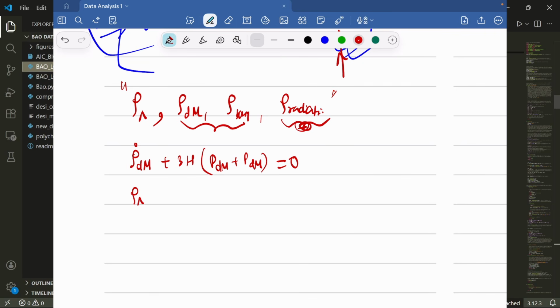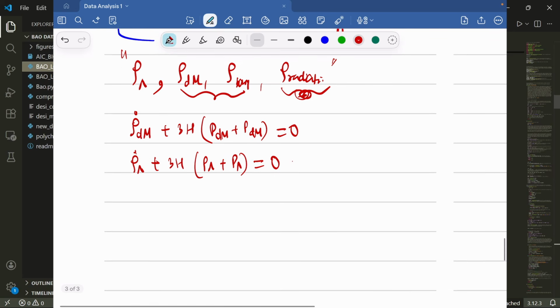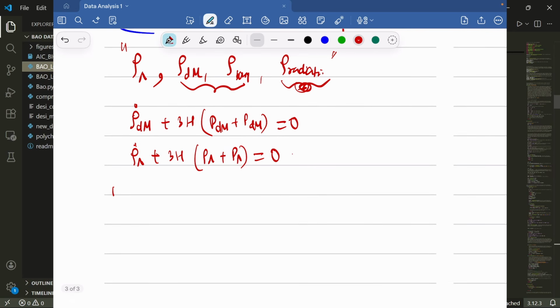Similarly, I can write rho lambda dot plus 3h times (rho lambda plus p lambda) is equal to 0. Now, for the cosmological constant, p lambda becomes minus rho lambda. This implies that rho lambda dot is equal to 0, so rho lambda becomes constant. This is your cosmological constant, which is filling our universe.